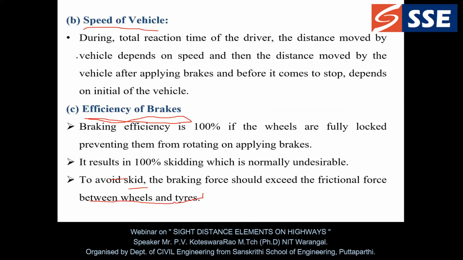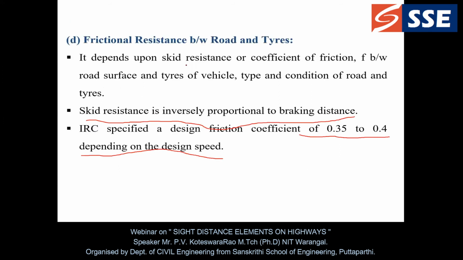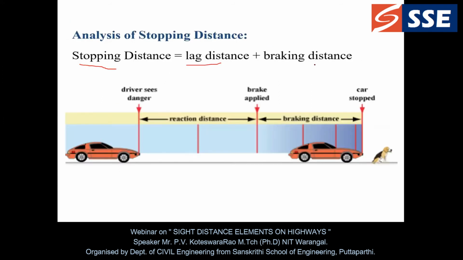In general, the total stopping distance is the lag distance plus the braking distance. Here I have an object, and my vehicle is at the initial point. I have seen the object, then I need to react to this situation, so it will take certain time. Once I have decided to apply the brakes and applied them, even after application of the brakes my vehicle travels a certain distance.